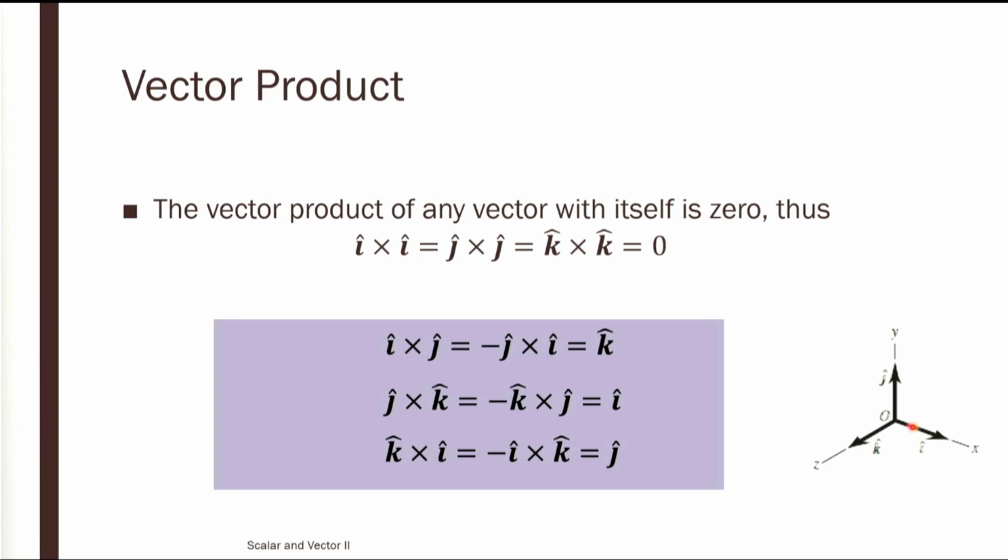With my forefinger pointing towards my x axis, I can sweep towards j, and that is going to give me i cross j, with my thumb pointing up along k, my z component. I can repeat the same step for j cross k. I put my forefinger along j, then I sweep towards k, and my thumb represents the direction. So you need to commit this to your memory for you to resolve vector products.